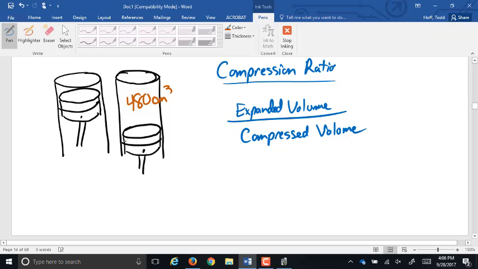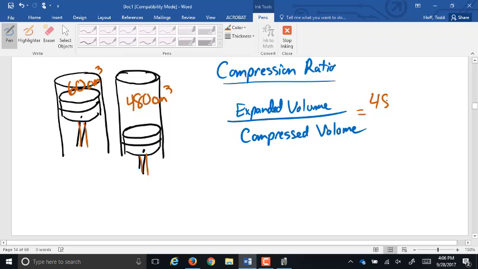The compressed volume is when the piston's at the top of the stroke. Technically, of course, the connecting rod would be going down at that point. So it's at the top of the stroke, so it's the minimum volume above the head of the piston. So that is 60, let's call that 60 centimeters cubed. Again, those are numbers I had to give you in this case.